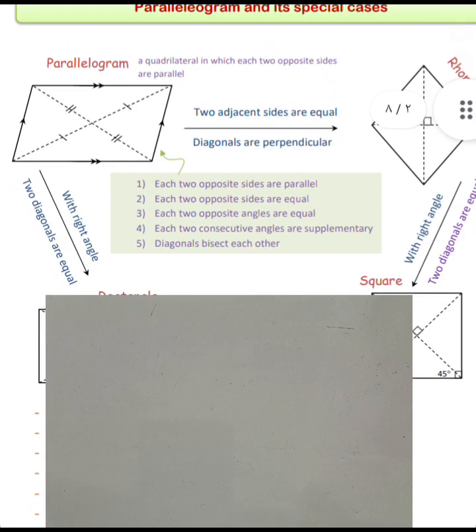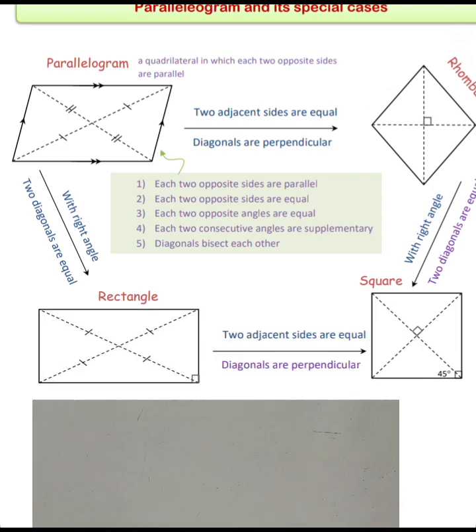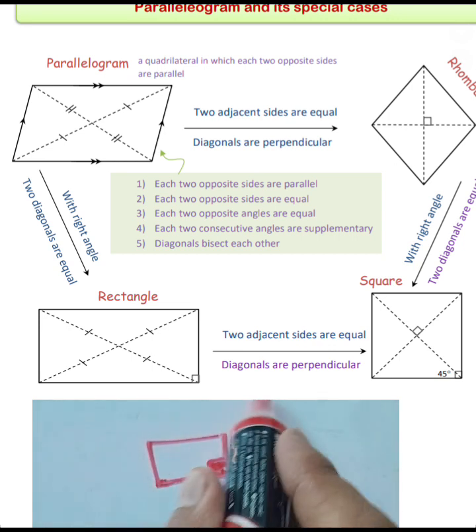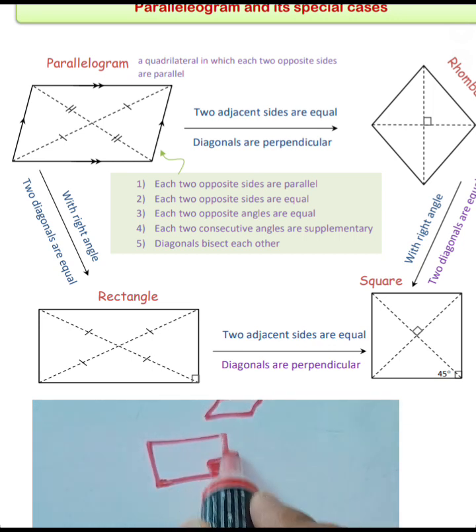And a parallelogram will be a rectangle if any angle is right.